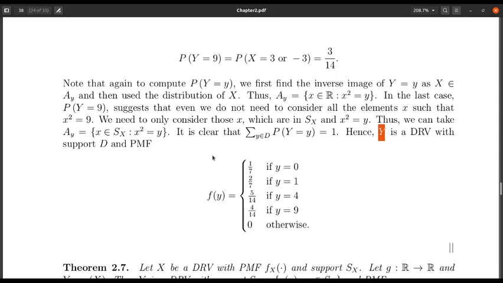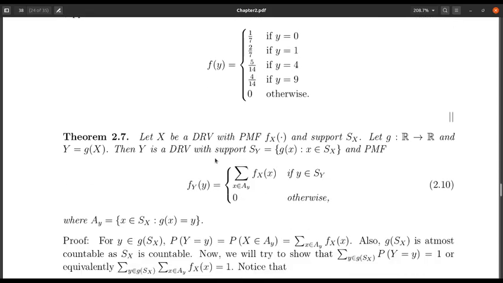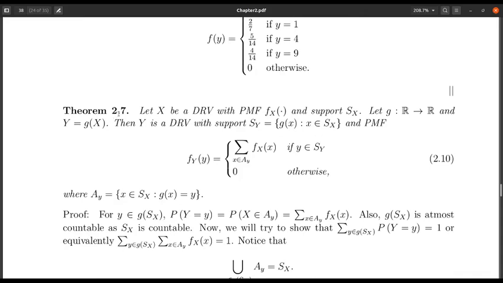Okay, so whatever was discussed here is summarized in Theorem 2.7. This theorem says: let X be a discrete random variable with probability mass function f_X and support S_X. If I have a function g from R to R, and we take Y equals g(X), then Y has to be a discrete random variable.